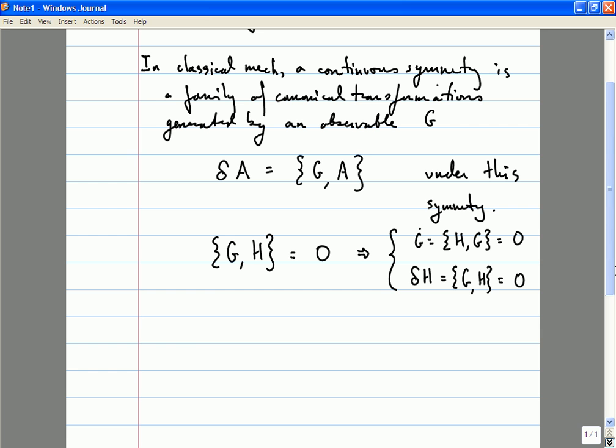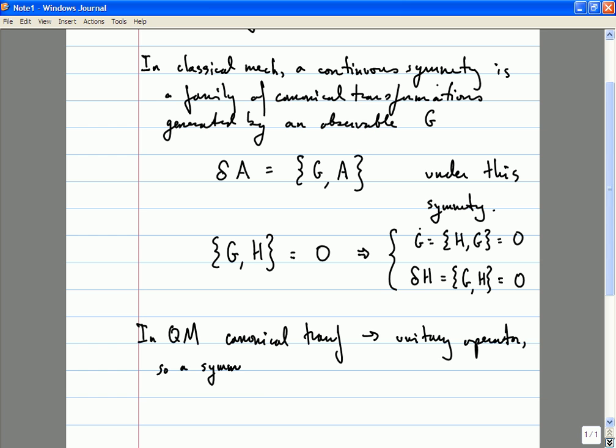In quantum mechanics, canonical transformations correspond to unitary operators on a Hilbert space. So a canonical transformation is promoted to a unitary operator. So a symmetry is, in principle, it could also be an anti-unitary operator.